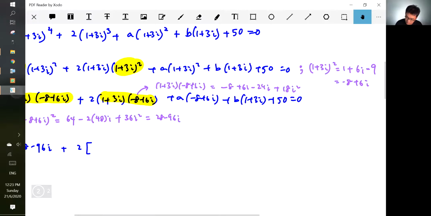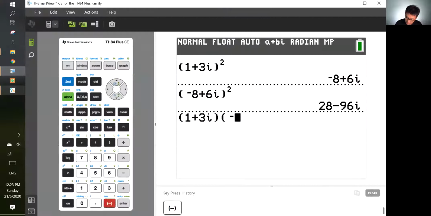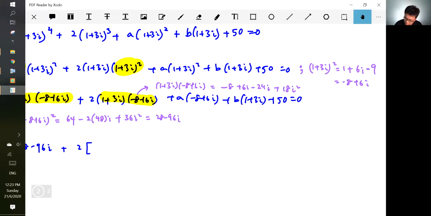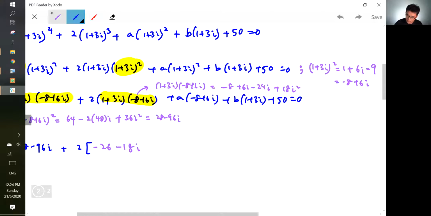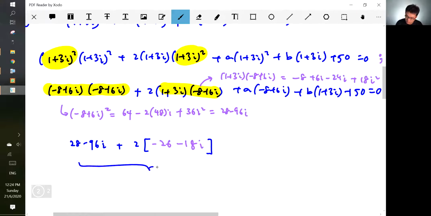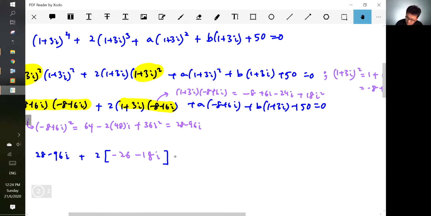Oh, very tedious. Negative 26 minus 18. Okay, there you go. Once you're done, you key in the calculator for this whole thing here and check what this is. This one is okay. From here onwards, I think the calculator should be fine already.